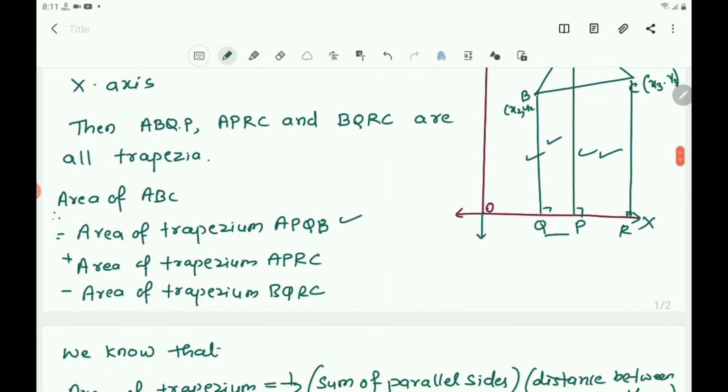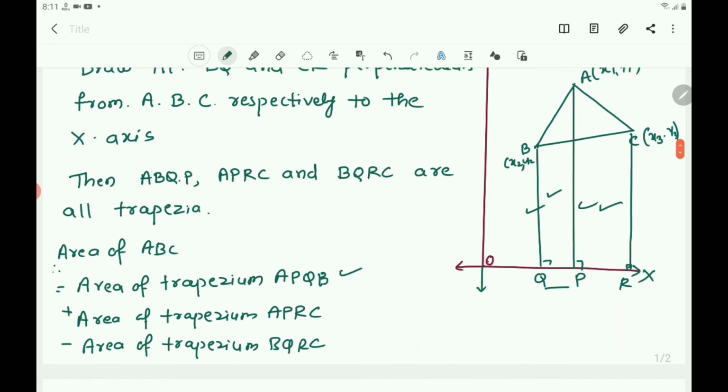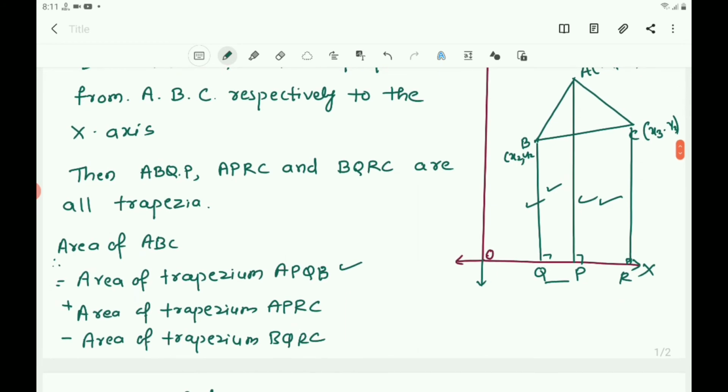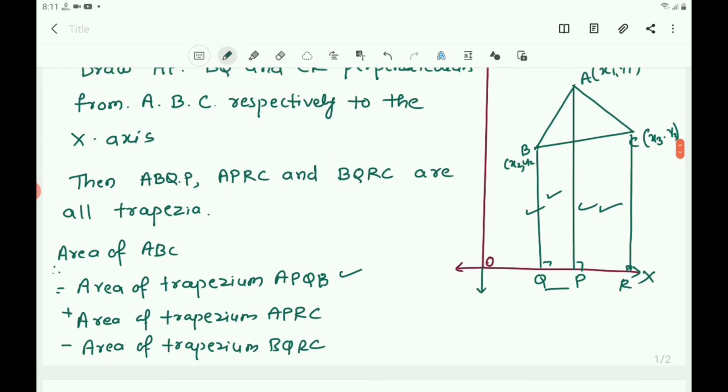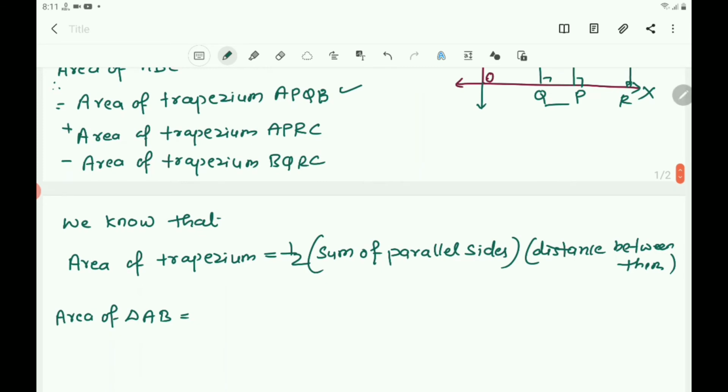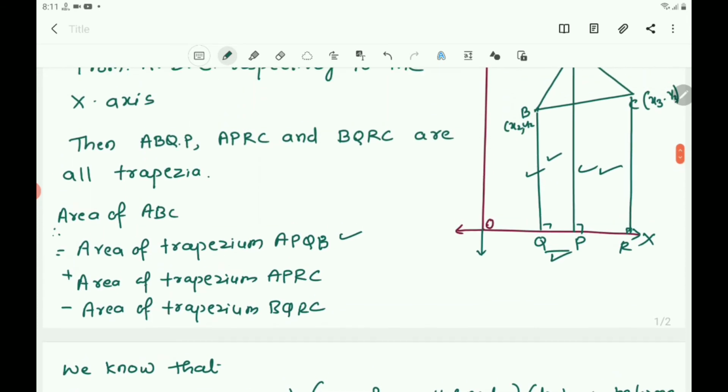Area of trapezium APQB is half into parallel sides BQ plus AP into the distance between them, QP. So you write half into BQ plus AP, which are parallel sides. Distance between them is QP, plus half into the area of trapezium APRC.